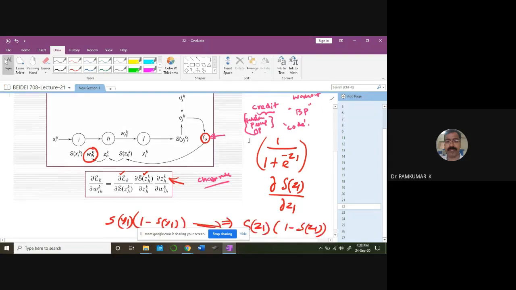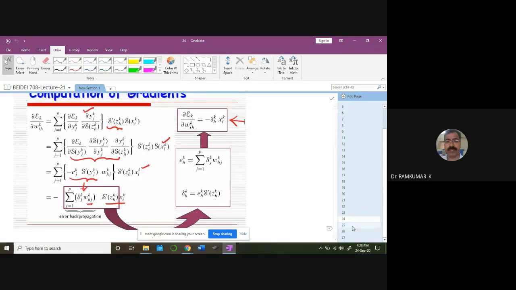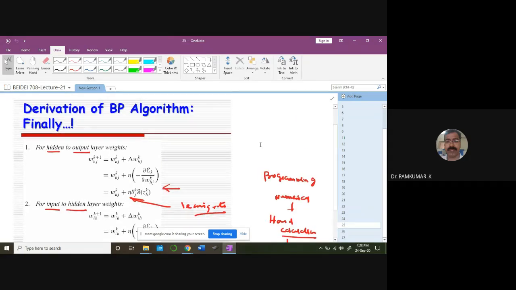Now let us take this algorithm, split it open and see what's happening at every stage. This is what in fact we understood in the last class. This is a new weight between the hidden layer and the output layer, and that update is given by this gradient, dou E by dou WHG.